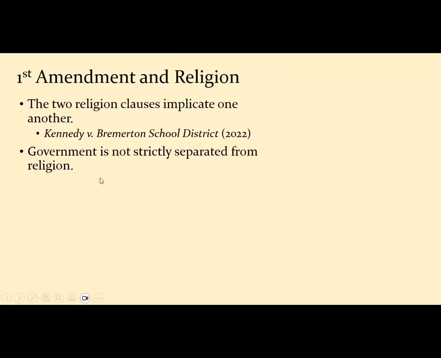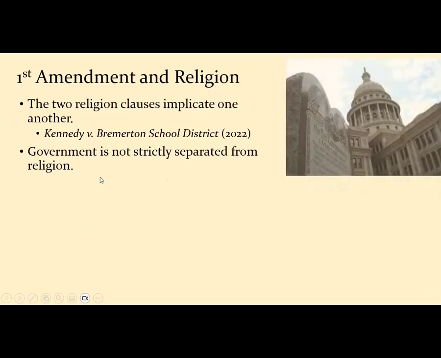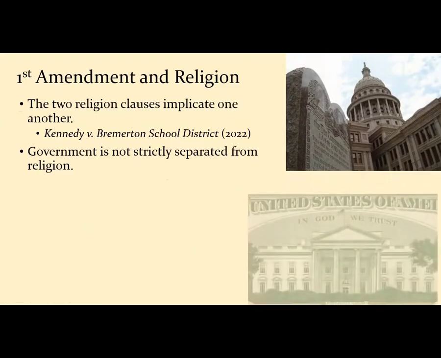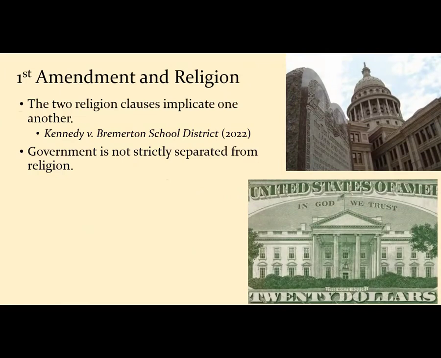Another complication is the fact that, as I said early on, American national government has never been strictly separated from religion. We've always had some overlap, some accommodations. Examples being monuments, structures on government property, and "In God We Trust" on dollar bills. So there's always been some overlap.